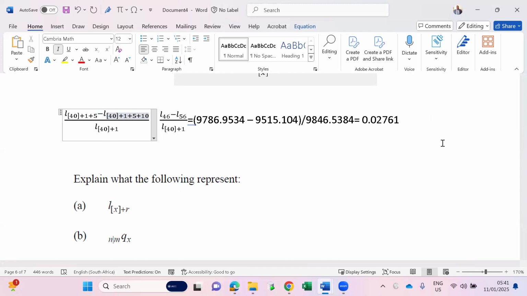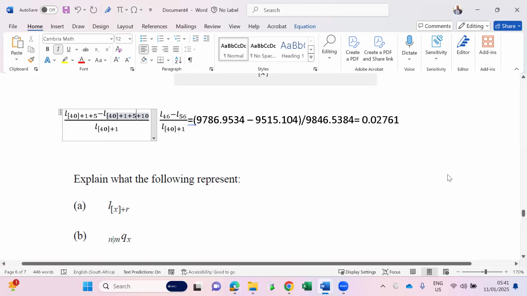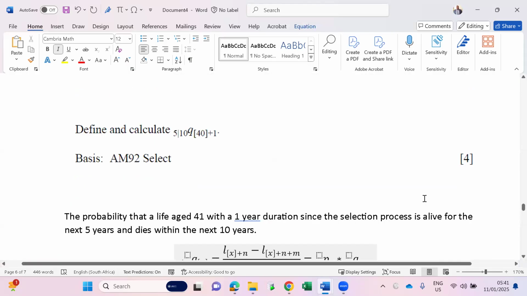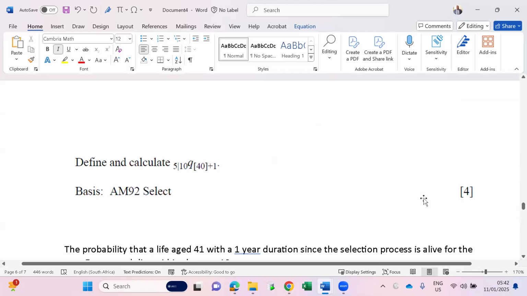The important thing is that when you're choosing the select, you would use the AM92 select, right? Your LX, because we are at age 40, but we're doing age 41, right? So we would go to age 41.